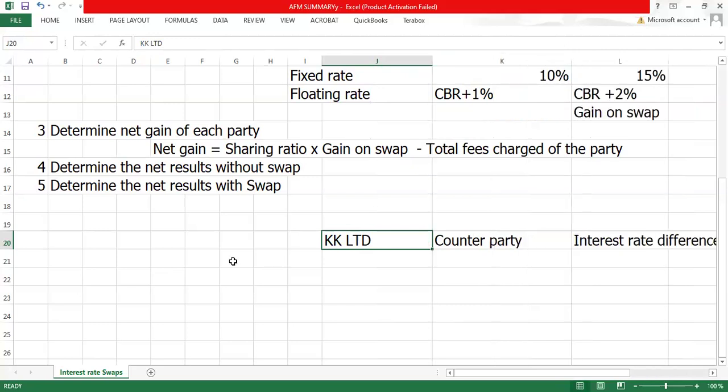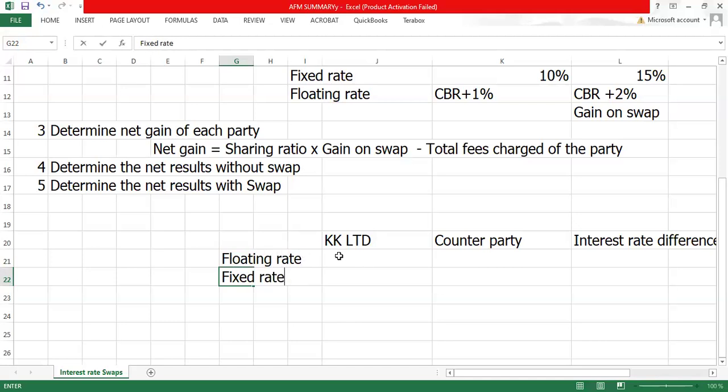You can start with any, the order does not matter. You can start with the floating rate, or you can start with fixed.